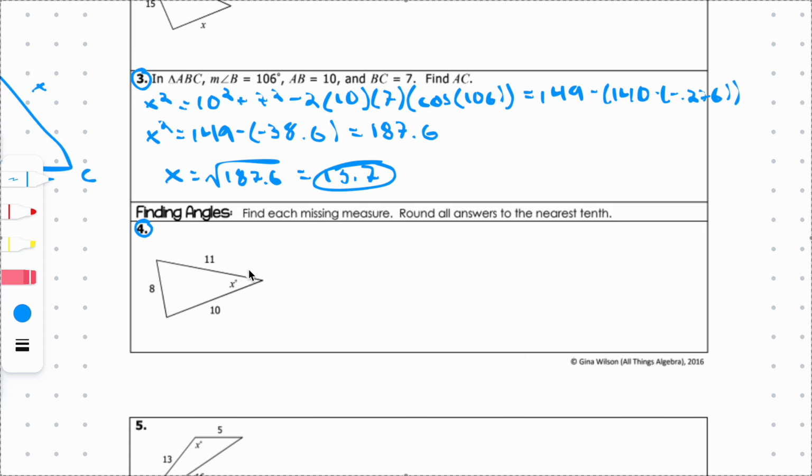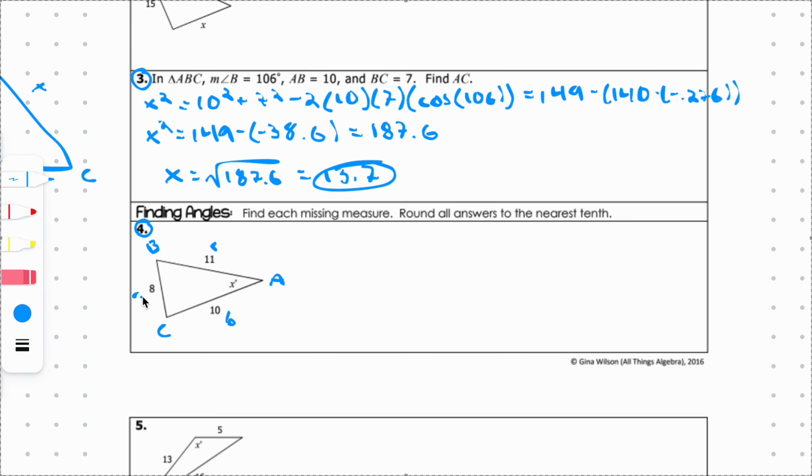Okay, so since we're solving for angle x, actually, this might be helpful to write this out. I'm going to label this as A, this is B, and this is C. So this would be little b, this would be little c. Sorry, why am I saying this would be little b? That's my bad.